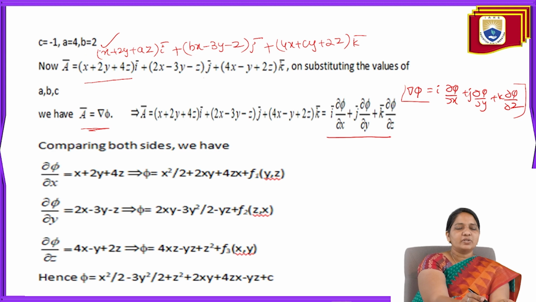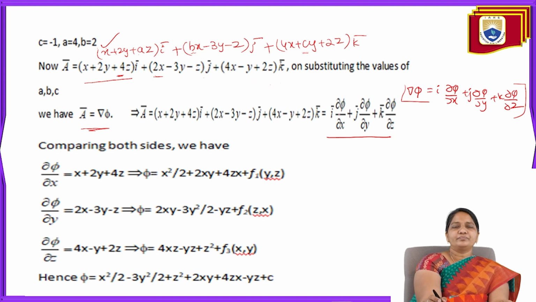So a value is 4. In place of a, we replaced 4 here. So x plus 2y plus 4z into i bar. Next, in place of b, we replaced 2 here. So 2x minus 3y minus z into j bar. Next one here, 4x plus cy. So what is c value? Minus 1. So 4x minus y plus 2z into k bar.